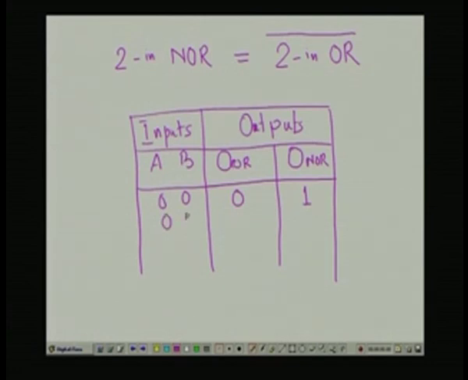If any one of the inputs is 1, then the OR output will be 1, and the NOR will be 0. If it is 1 0, then OR is 1 and NOR is 0. If it is 1 1, then OR is 1 and NOR output is 0. So, this is my truth table of the OR and NOR gates.